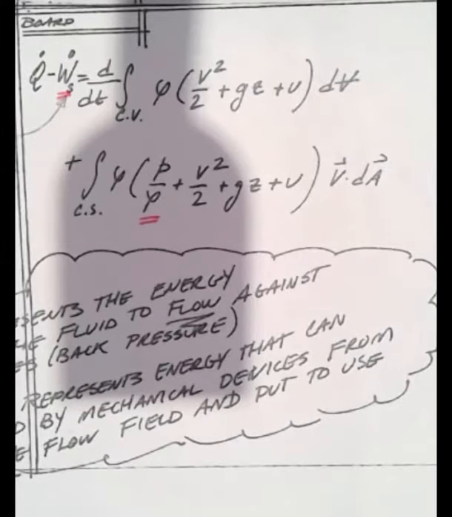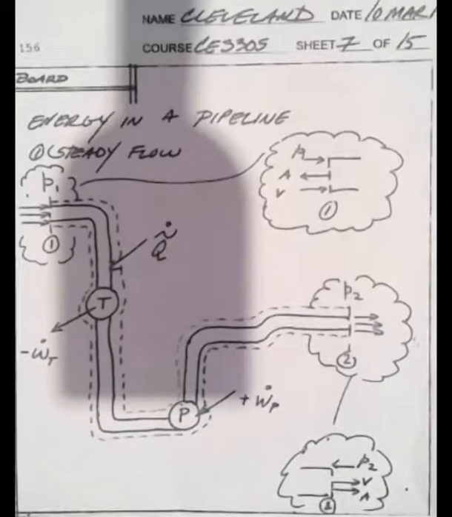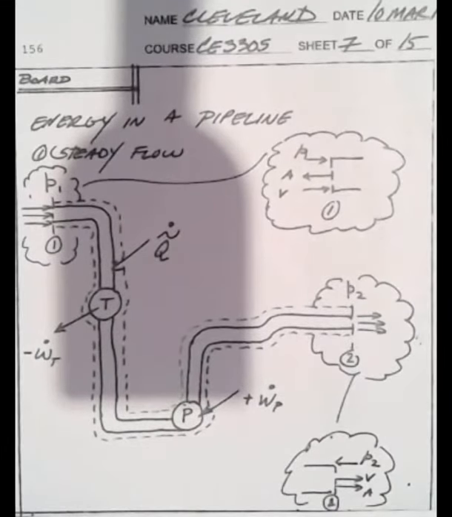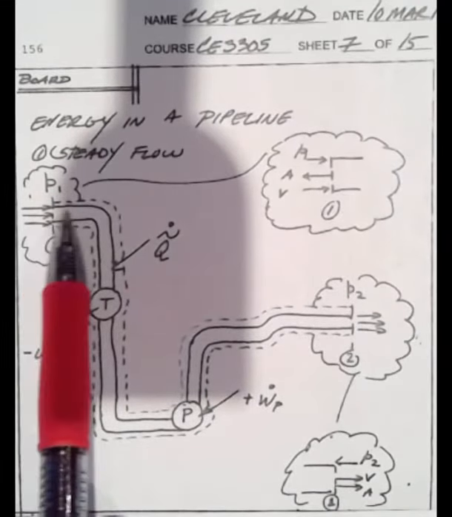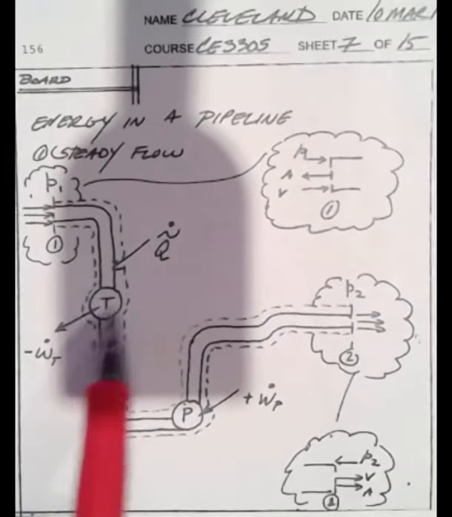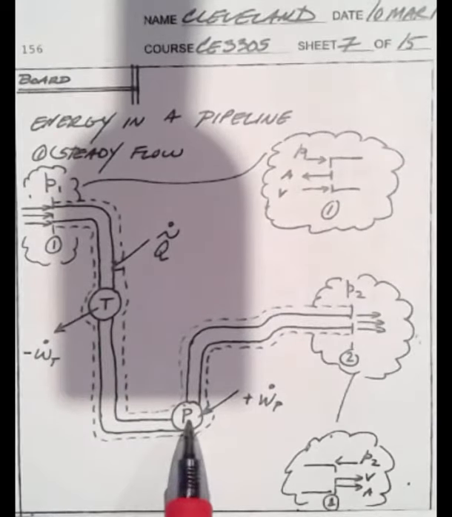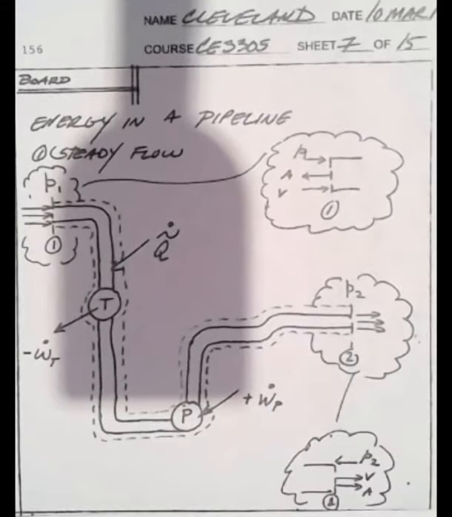Alright, so our energy balance is starting to look familiar. And let's go ahead and visit a pipeline at steady flow. So here's a pipeline, goes through a turbine, here's a pump, and then it goes out here. And we're just going to look at some different locations.